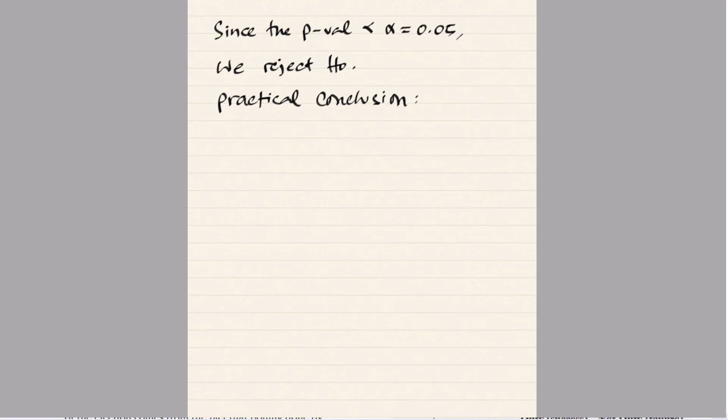Now, as far as the practical conclusion is concerned, we can say the same thing a couple of different ways. We can say, in a technical way, that at least one of the proportions was different. We can't tell you which one exactly without doing some additional analysis, but we can tell you that at least one was. And so on a practical level, it shows that, yes, there is an association between the level of funding and the way that the county voted.